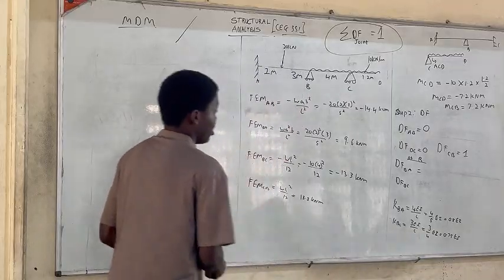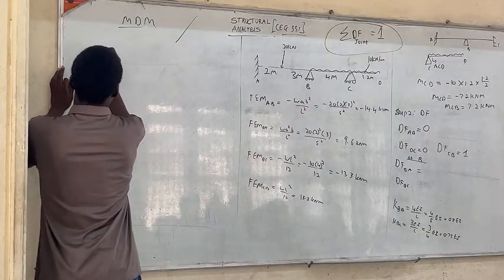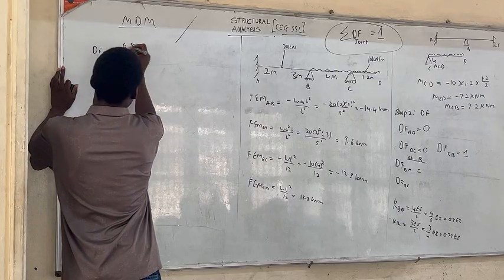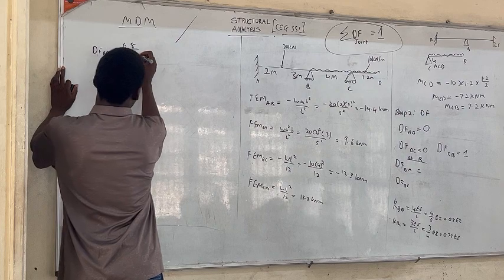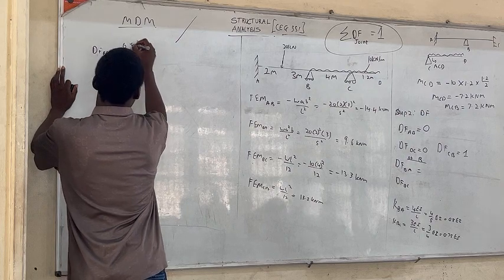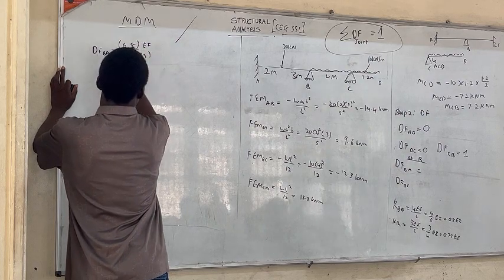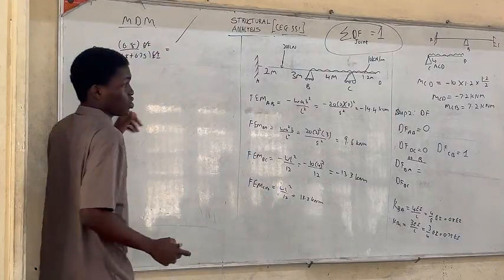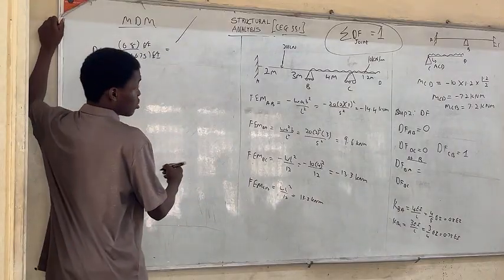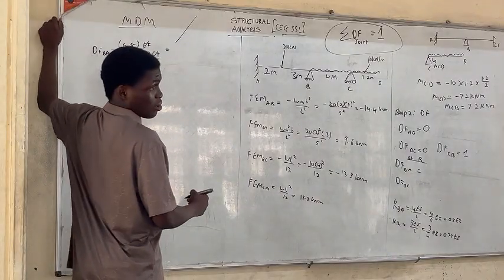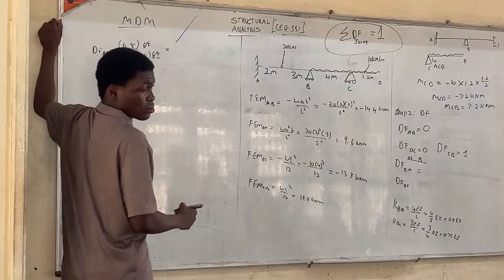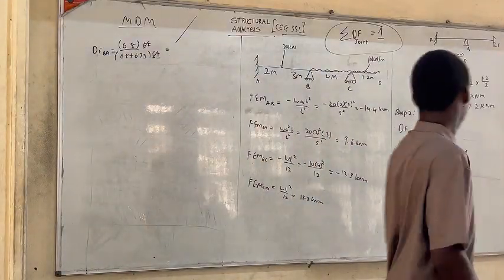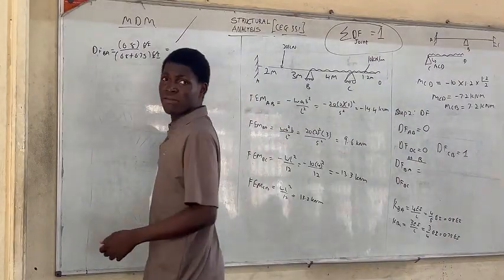Now let's get our DFB and DFC. DFB, so back to DFB. 0.8 over 0.8 plus 0.75 EI. So what do you have? 0.8 over the addition of this, what do you get? Now, can you press calculate? 0.5.